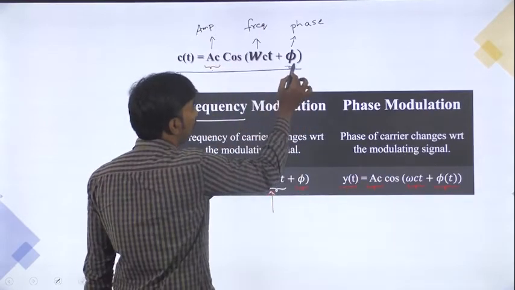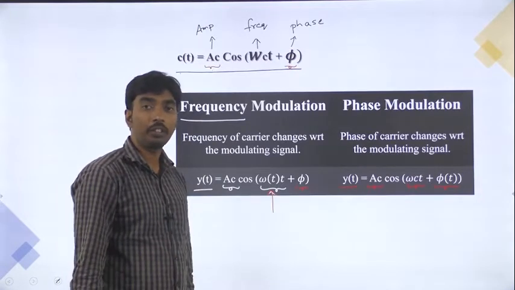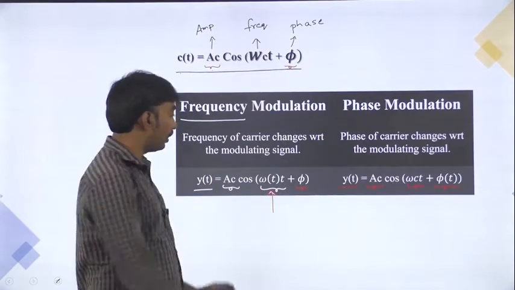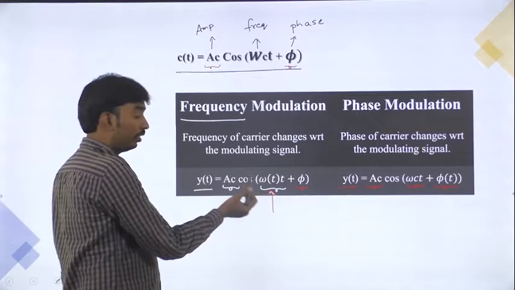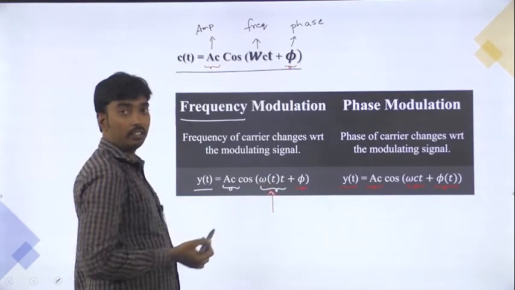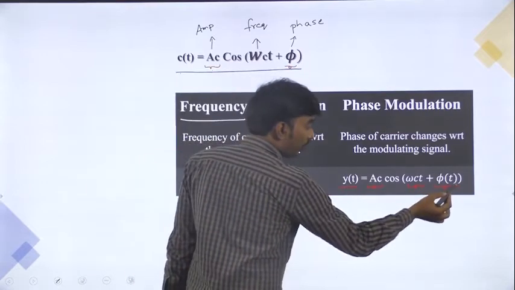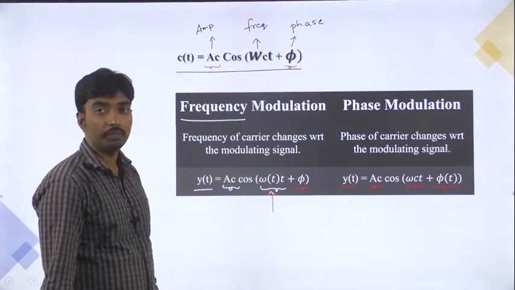Only the change is phase with respect to time. The phase will vary with respect to time. Now that I can call it as phase modulation. Remember this. Frequency varies, amplitude and phase no change. Phase varies, carrier and amplitude no change.